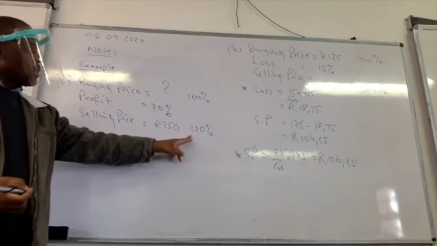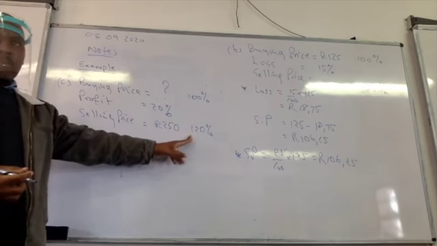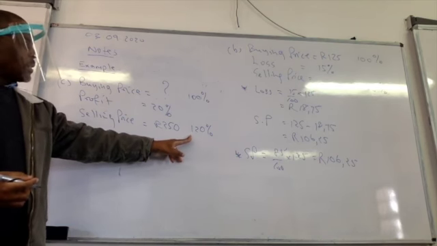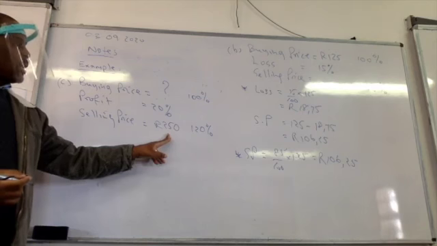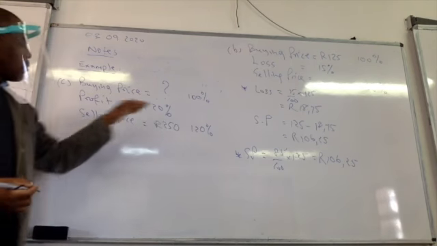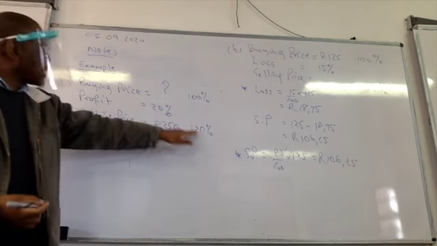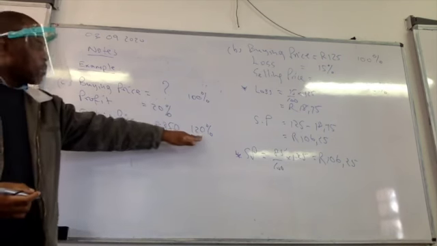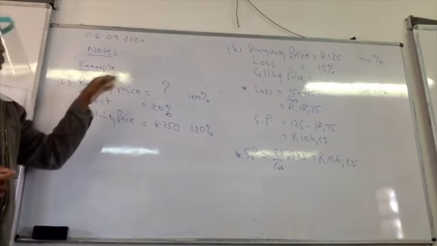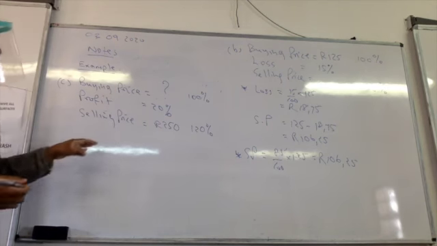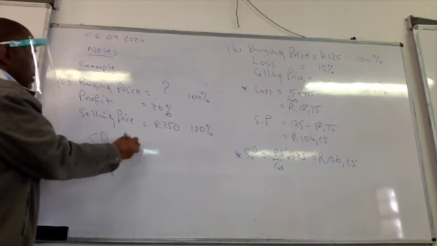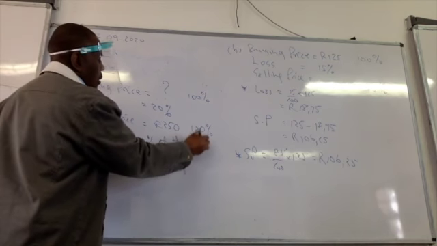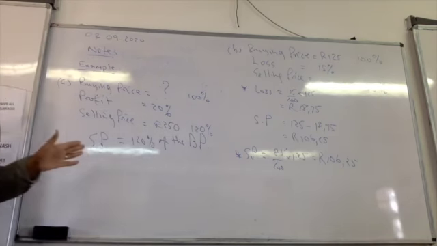So it's 120% of what? Is it 120% of 250? In other words, is it 120% of the selling price, or is it 120% of the buying price? It is 120% of the buying price. What we don't know here is the buying price. So remember, the selling price is equal to 120% of the buying price. You need to think like that.